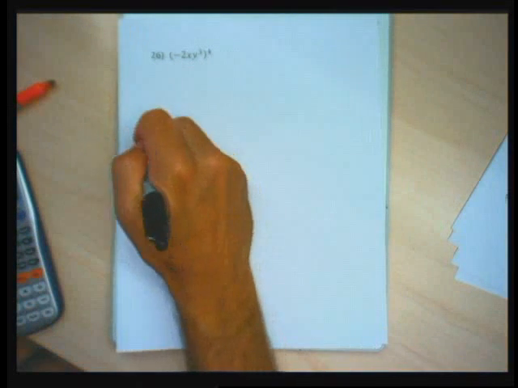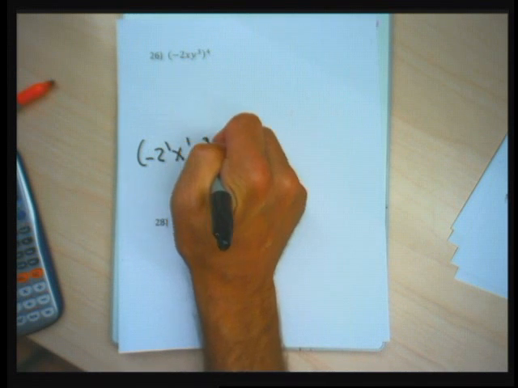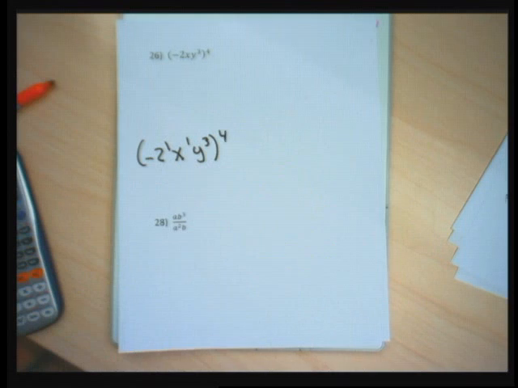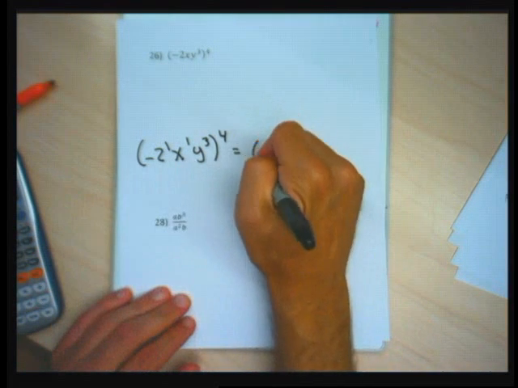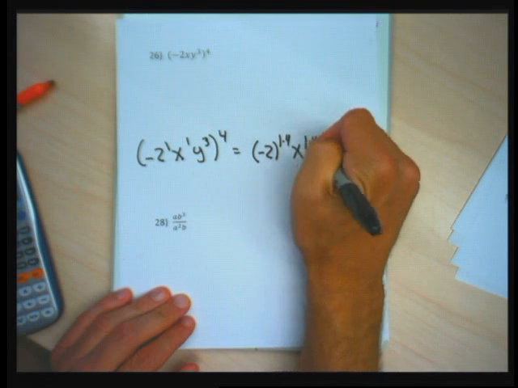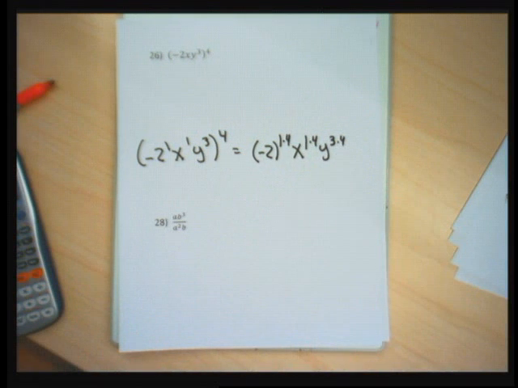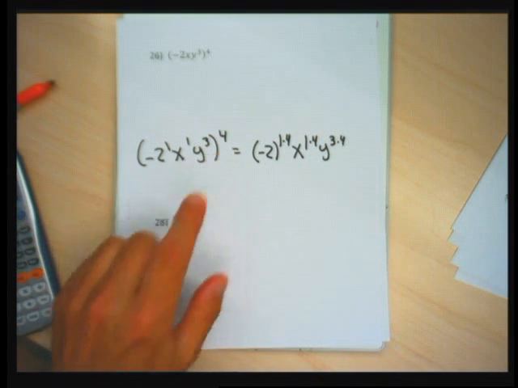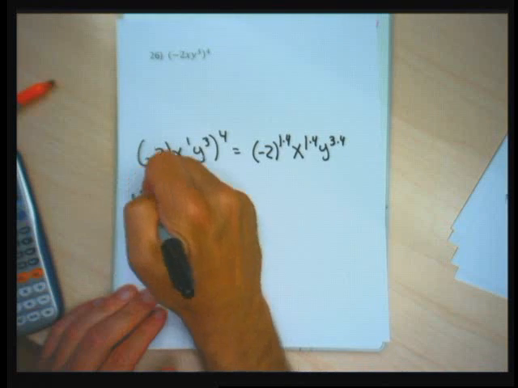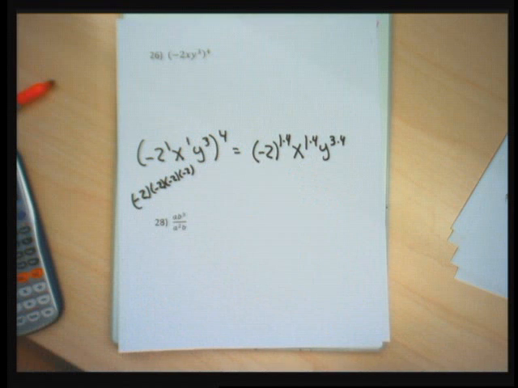So whether I'm attaching exponents of 1 to the x and the negative 2 or not, when I multiply this out, if you don't leave the 2 inside a parentheses, then you'll probably get the wrong sign when you go to use your calculator, because negative 2 to the 4th power means negative 2 times negative 2 times negative 2 times negative 2. It means positive 16. If you don't put the negative 2 in a parentheses, when you go to use your calculator, you'll get a negative 16.